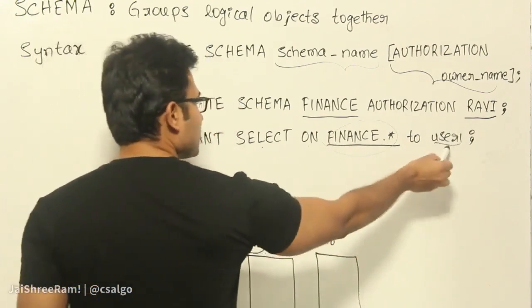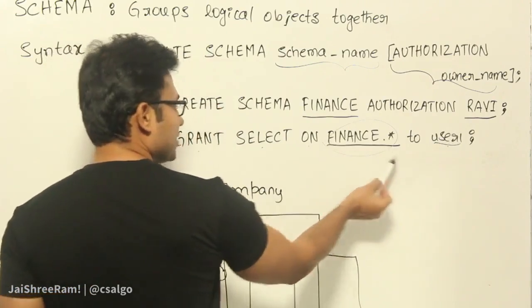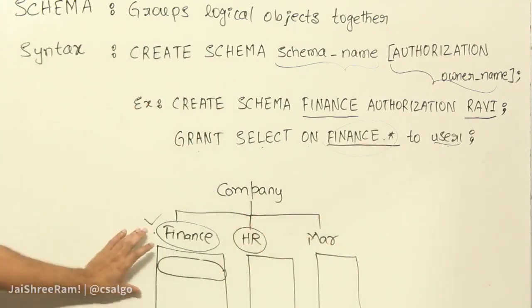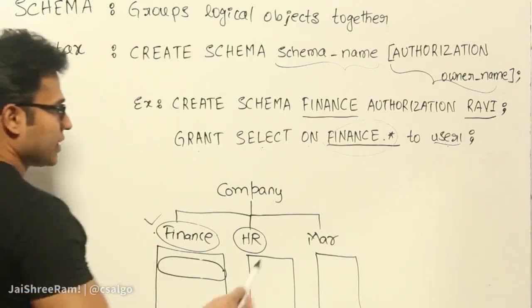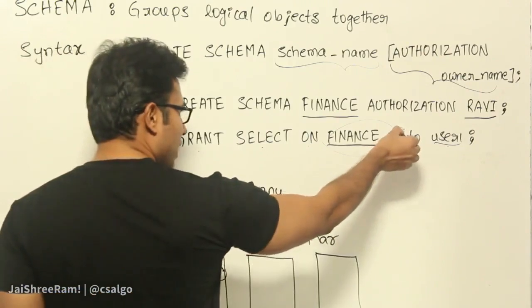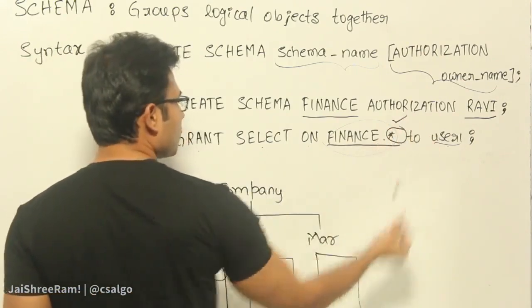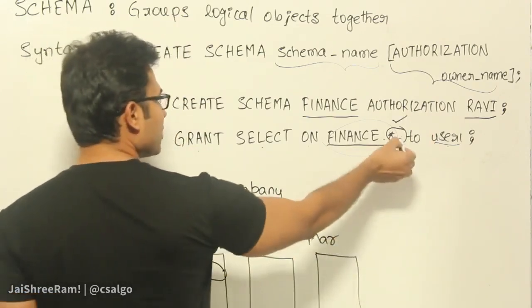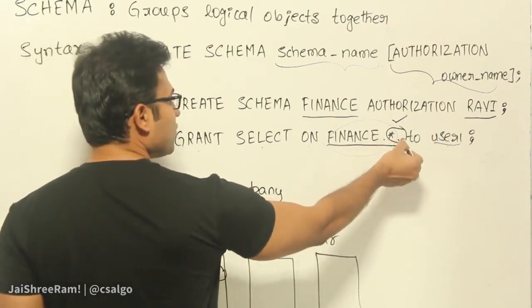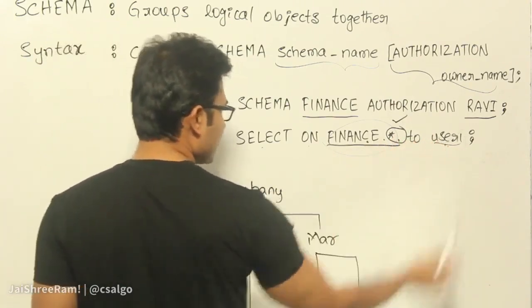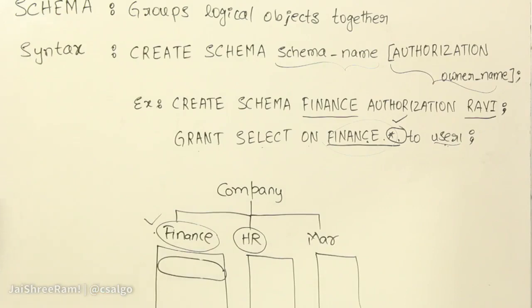We are giving user1 access to everything that is present in this one schema, finance. Apart from this, you can also specify that you want to give access to a specific object, and you can write that here. If you want to give access to a table, you can write the table here, and then only to that table which is present in this schema will user1 be given access. Got it? Okay.